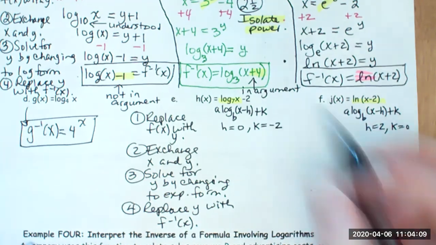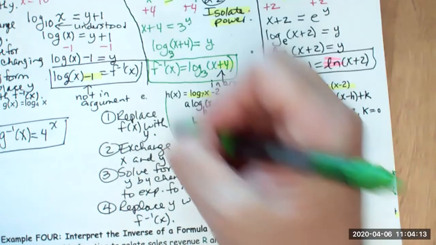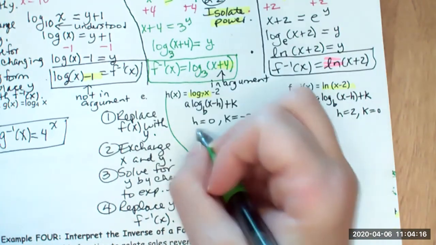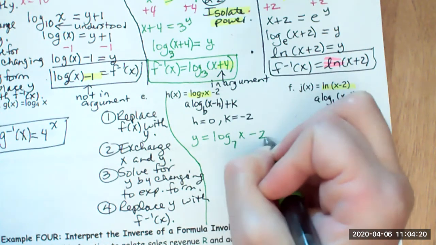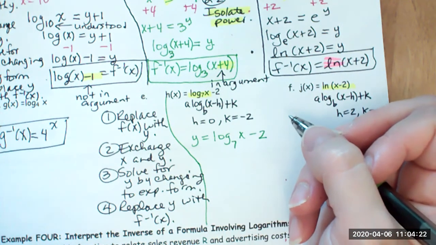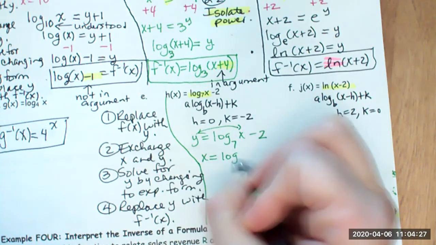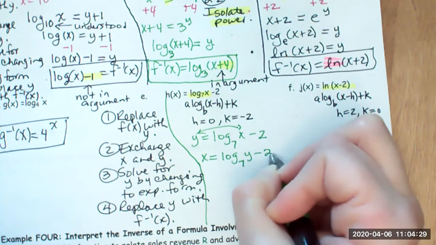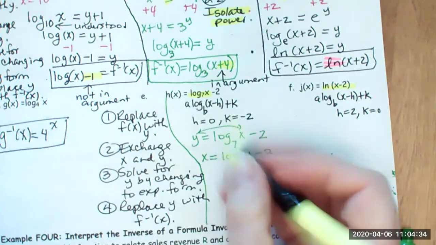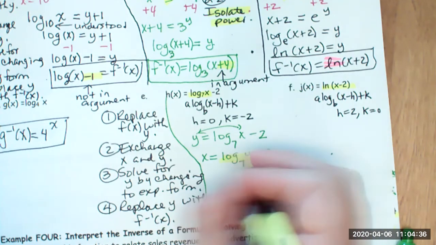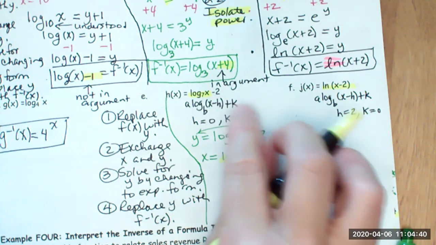All right, so first step, replace f of x with y. So h of x will become y equals log base 7 of x minus 2. We're going to exchange x and y. So we'll have x is equal to log base 7 of y minus 2. Now here's that step 2.5. Because we've got that log base 7 of y that we need to isolate, because that minus 2 is not in the argument.